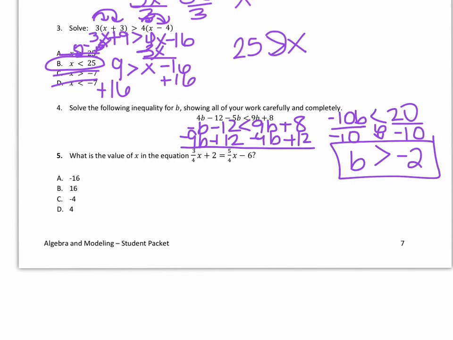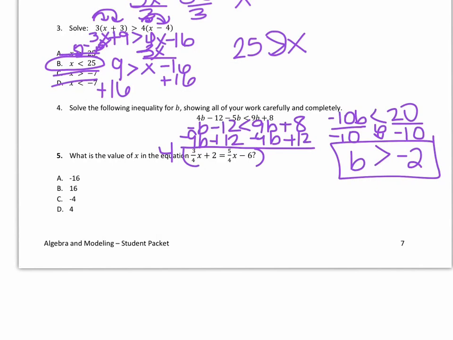Now, number 5. What is the value of x? So this one, I wind up with fractions in the problem. So I'm going to go ahead and start off by multiplying everything on both sides by 4. The reason I do that is because look at the 3/4 and the 5/4.